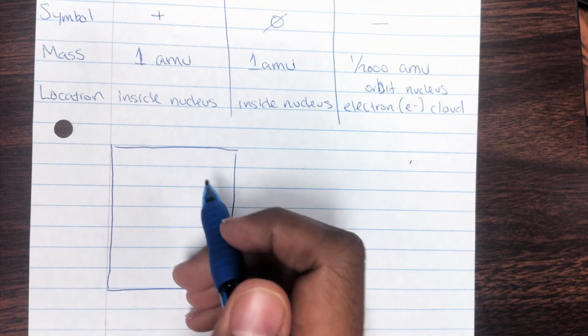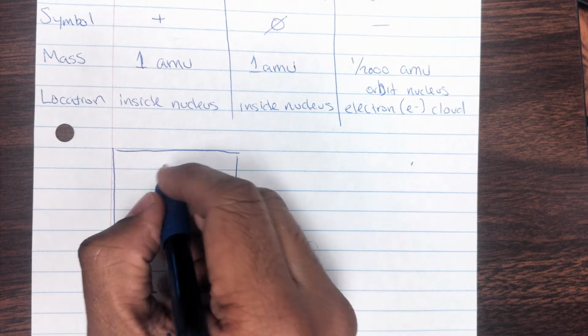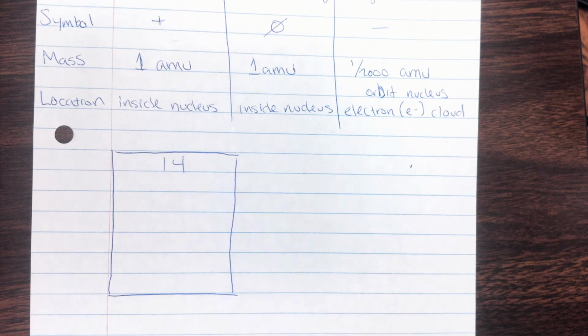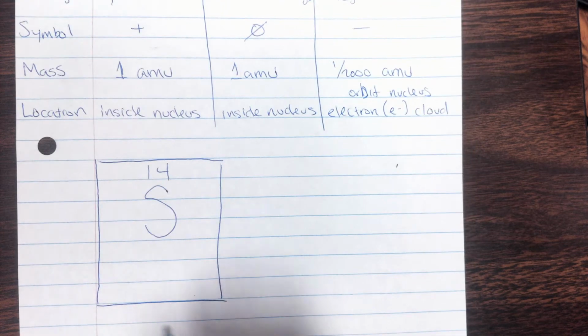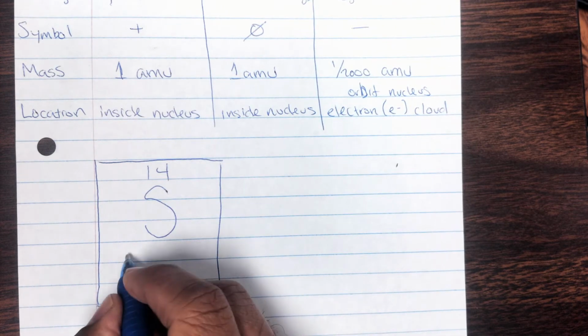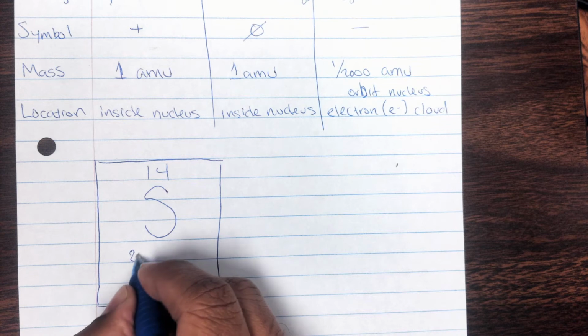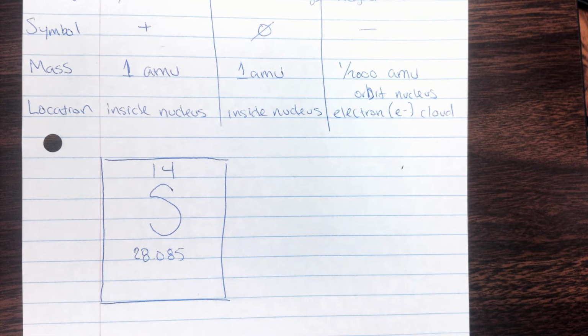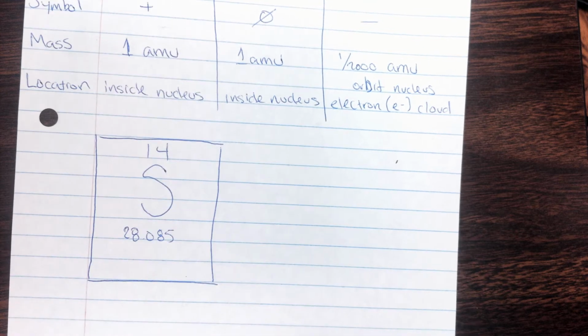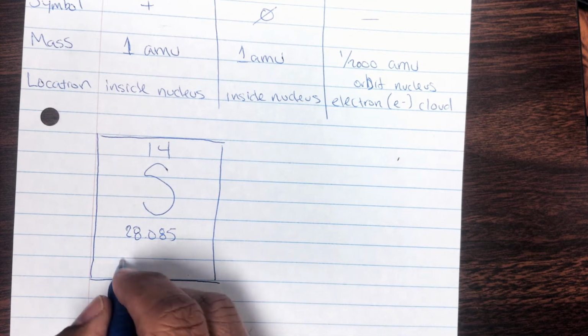You're going to write a 14 on top, a big S, and 28.085 right there, and this is silicon.